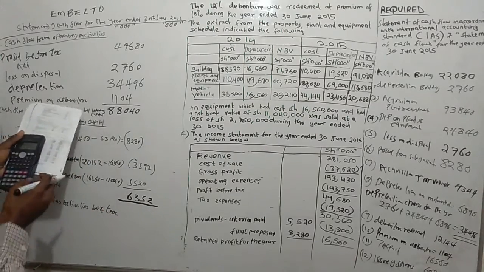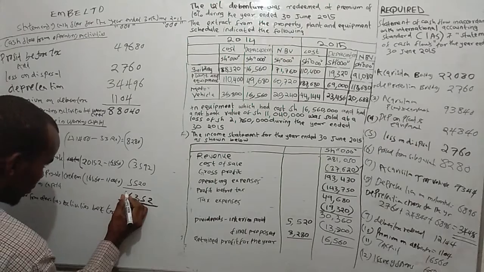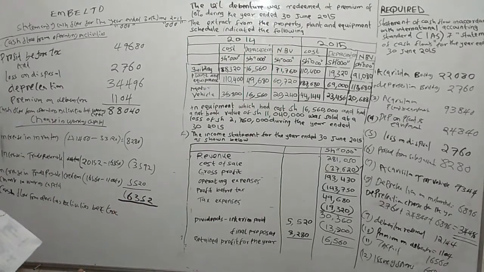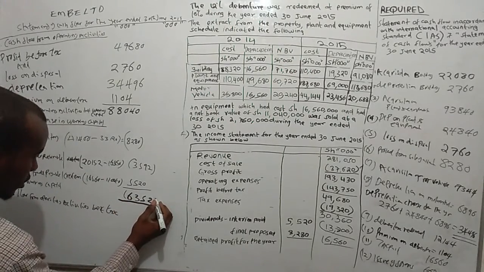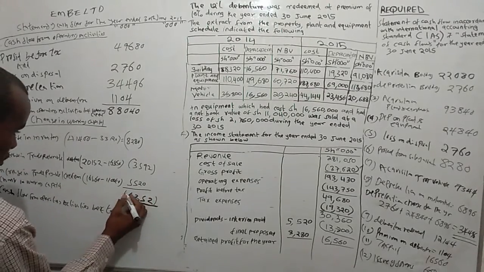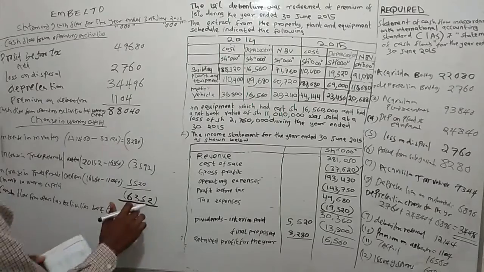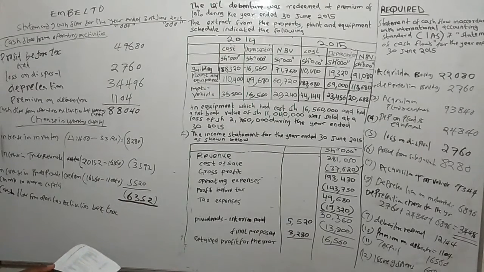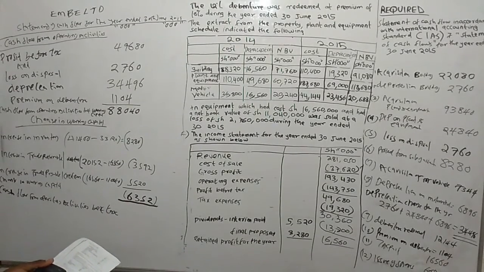Remember this is negative 63.52, so we take 88,040 and subtract 6352.